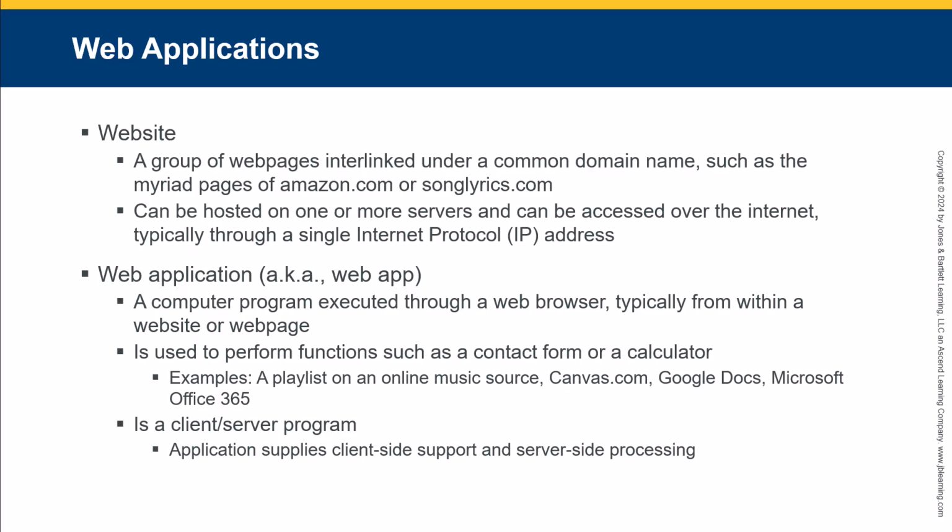A website is a group of web pages interlinked under a common domain name, google.com, or Amazon, or whatever. They can be hosted on one or more servers and can be accessed over a network or the internet, typically through a single IP address and/or domain name.